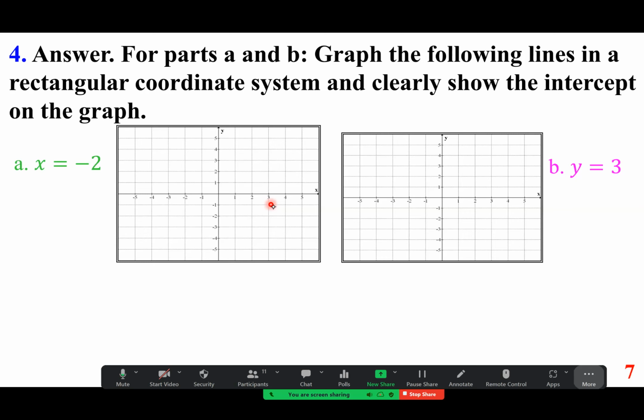So because this is negative 2, you look for the x-intercept, negative 2 comma 0, which is this point. You put it there, and then you drop a perpendicular. That's all there is to it. In the case of a vertical line, this point has the coordinates negative 2, 0.